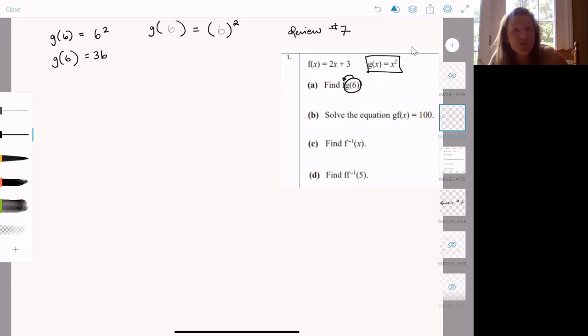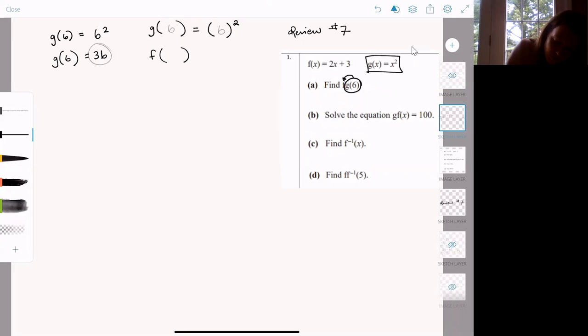But I don't want to know what g of 6 is. I want to know what it is when I take that number and plug it into my f function, because f is on the outside. So I'm going to take that and pop it right in there. Put parentheses around anywhere there's an x, and then plug in your values.